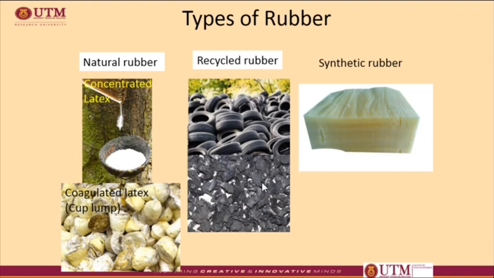The tires are reduced into various sizes through the ambient grinding or cryogenic process. Physically, it replicates the aggregate particles. And then the synthetic rubber is artificial elastomers made of raw materials from petroleum byproducts such as butadiene and styrene.